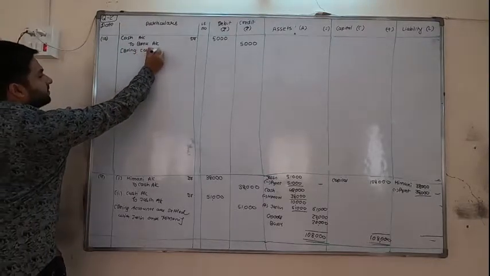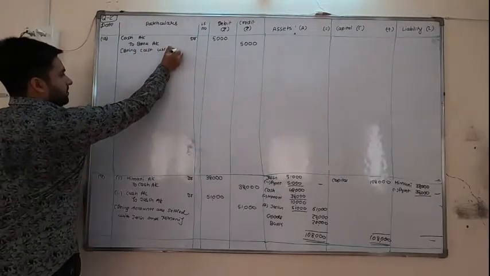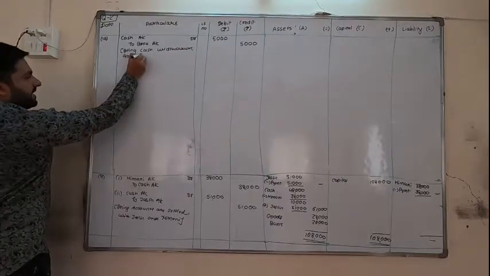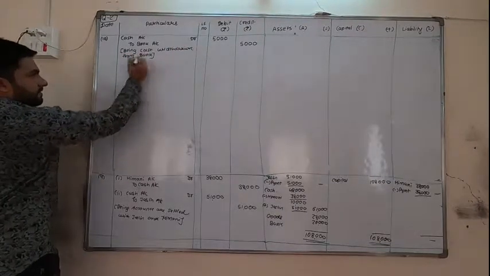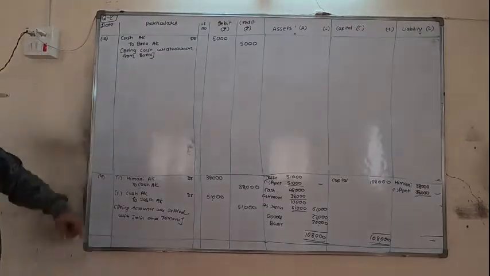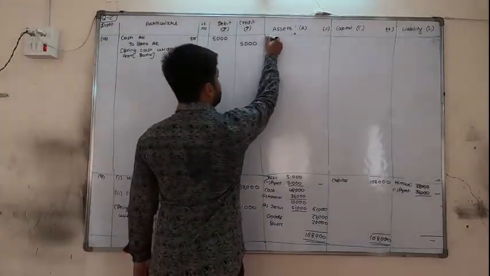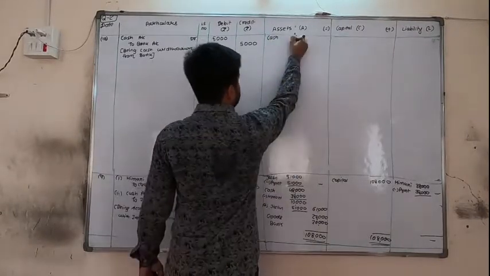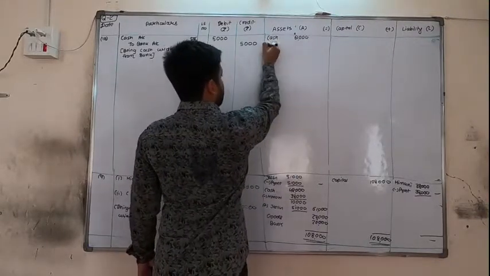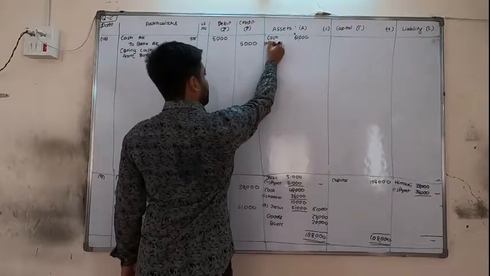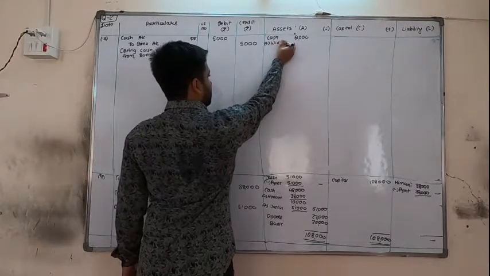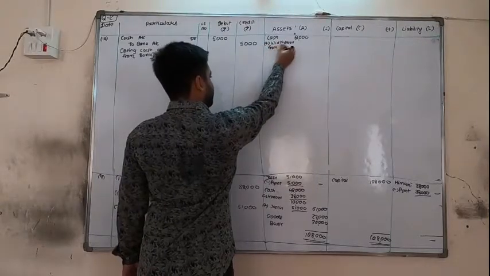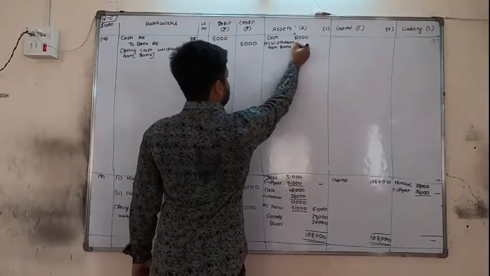Cash withdrawn from bank. Now cash is coming in, so cash will be increased. Previously cash was 61,000. Now cash is coming in, withdrawn from bank 5,000.